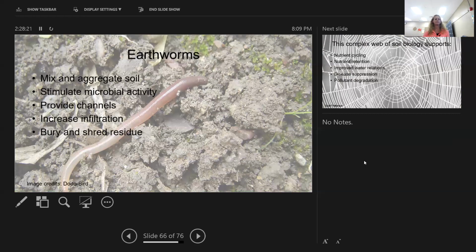So earthworms, of course, they mix, they aggregate the soil, they stimulate that microbial activity. They provide the channels through the soil, they increase the infiltration. And they bury and shred residue.